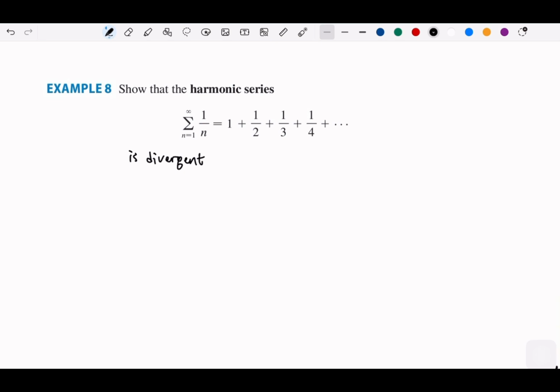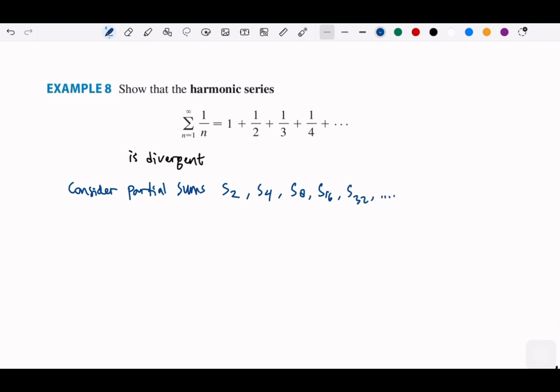So, in this particular example, I will not consider all the other partial sums. I will only consider the partial sums S2, S4, S8, S16, S32, and so forth, all the multiples of 2.